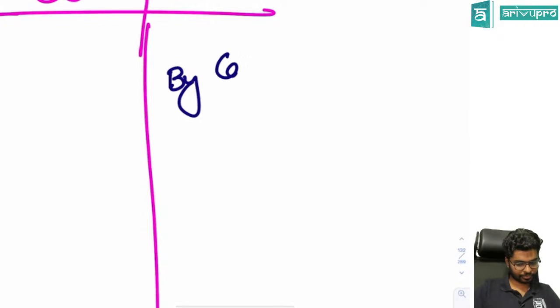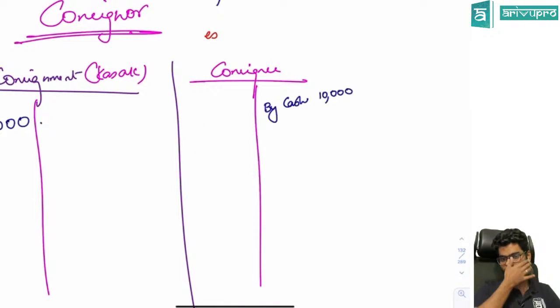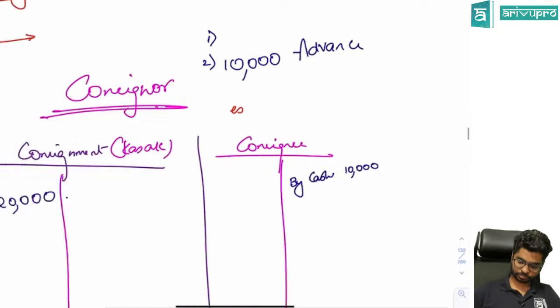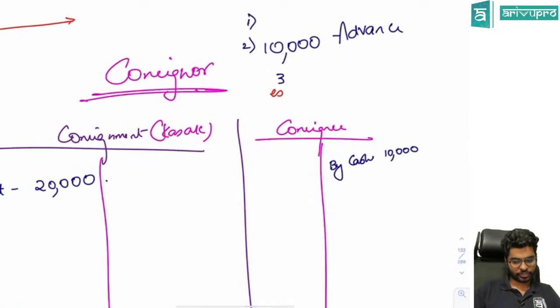So by cash, let's say 10,000. Are you clear? Are you guys clear? Now, third point, I said advance paid.